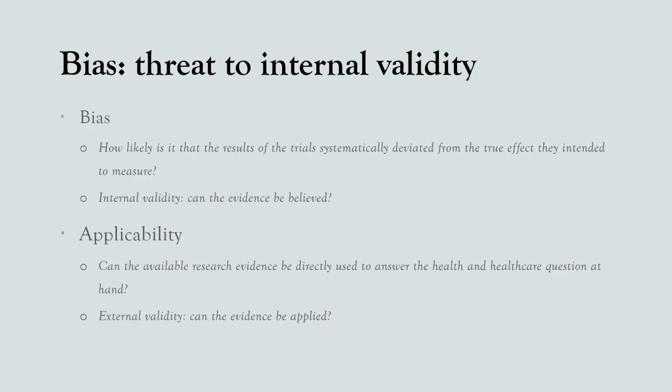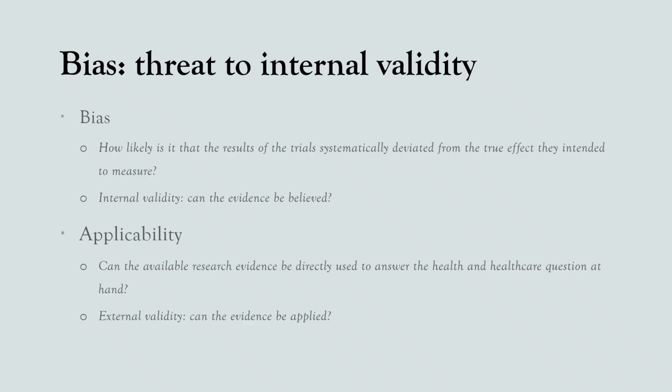When we talk about bias, we are mainly concerned with the internal validity of the study. Internal validity asks, can the evidence be believed? Or more specifically, how likely is it that the results of the trial differ from the true effect the study intended to measure? If a study has a high risk of bias, its results may look precise, but they could still be wrong.